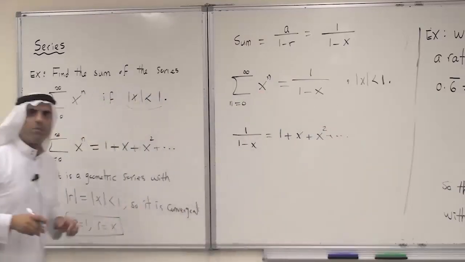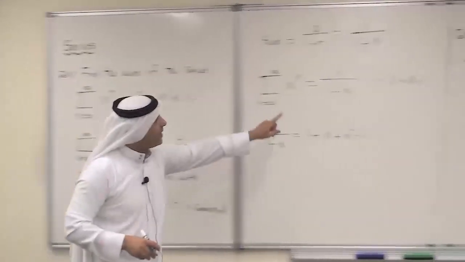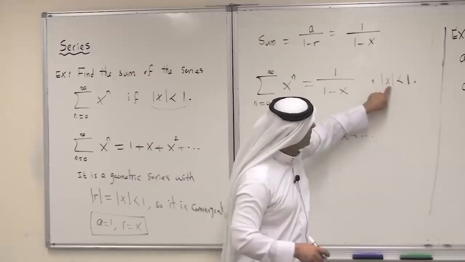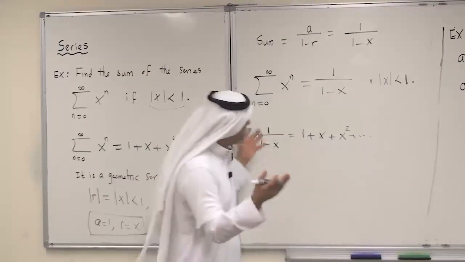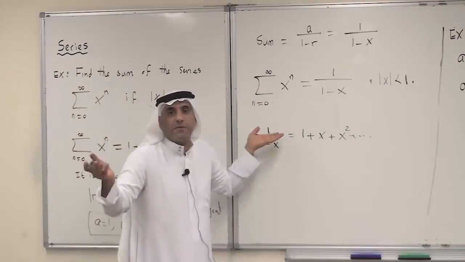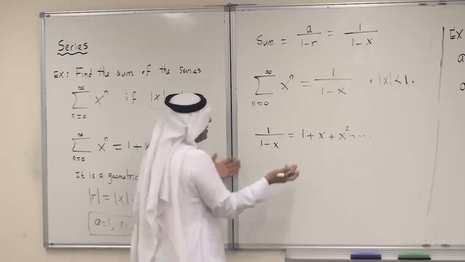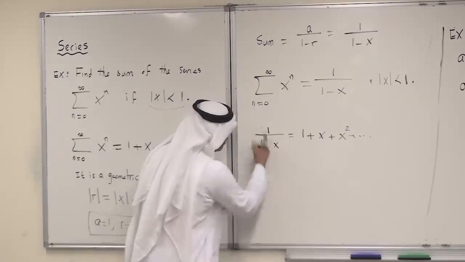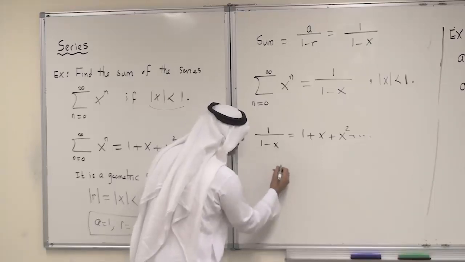If we do not specify the domain of the series where it is convergent, maybe someone will come and say, okay, I will substitute x equal to 2. If we substitute x equal to 2 on both sides of the equation, what do we have? Here we get 1 over 1 minus 2, that is -1.